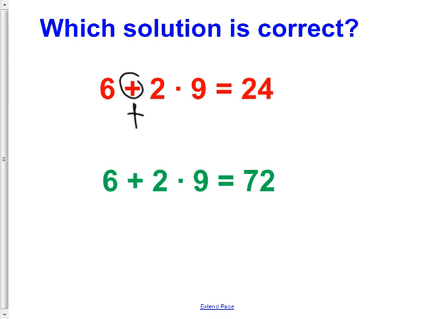On the left side is a 6. On the right side is 2 times 9, which is 18. And 6 plus 18 is 24. So if you decided that 24 was the correct answer for this problem, you were correct. And you are using the correct order of operations.